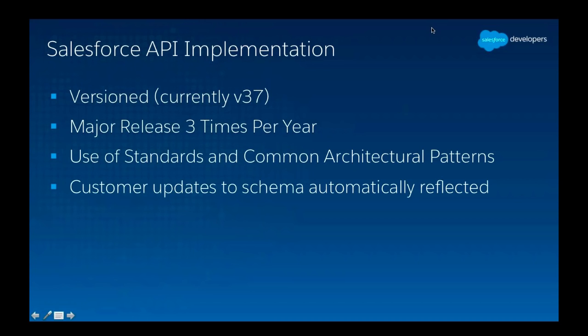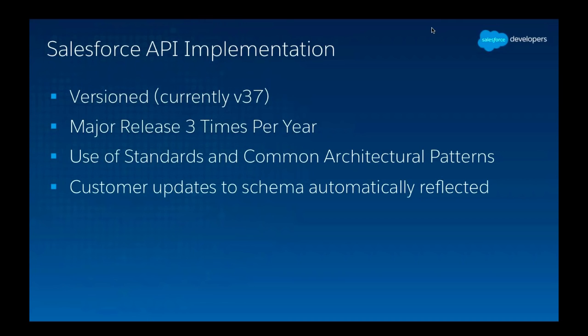So in our SOAP API, REST API, our reflection API that allows you to introspect the schema of your environment, and the push-based streaming API, all of those APIs will update automatically based on schema changes without you having to write a line of code.